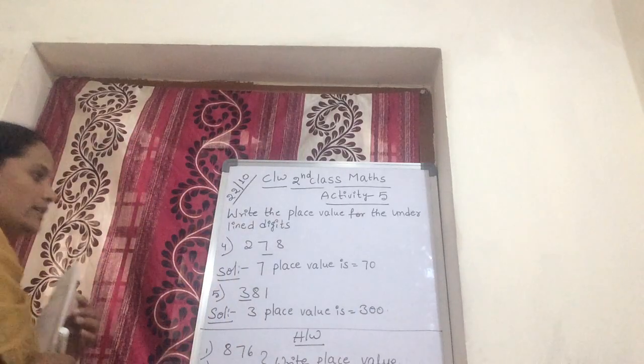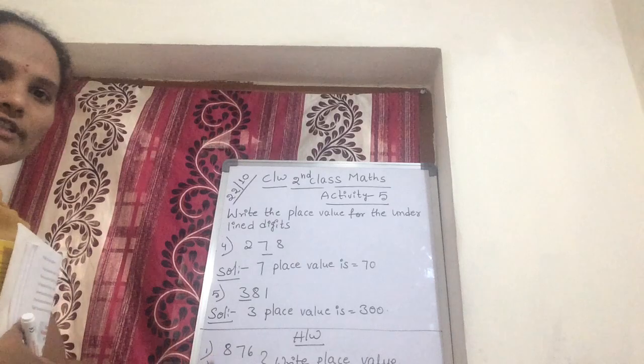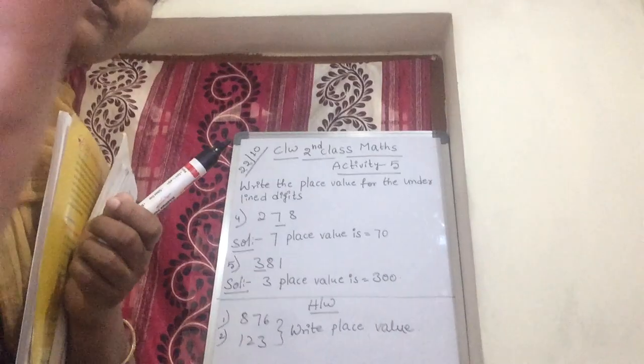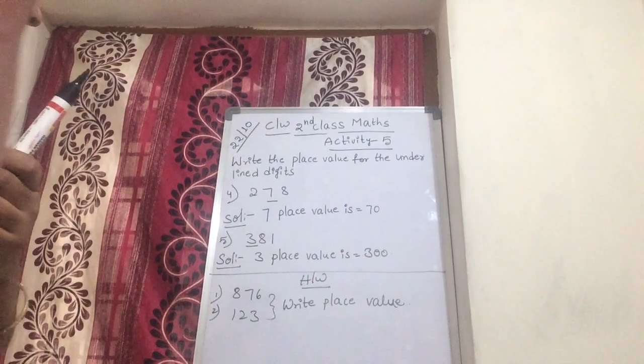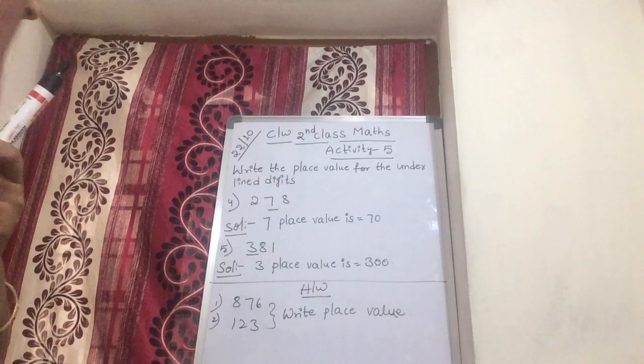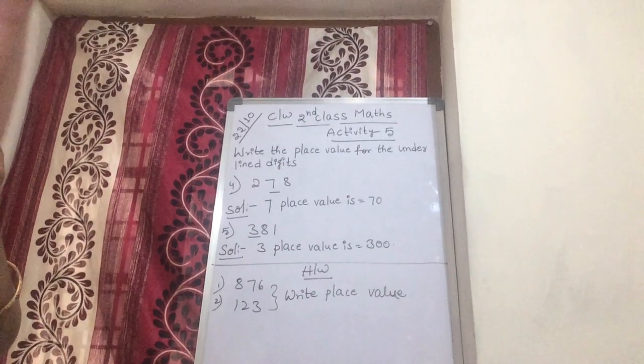Okay, children, write place values. 876 and 123. That is your homework.